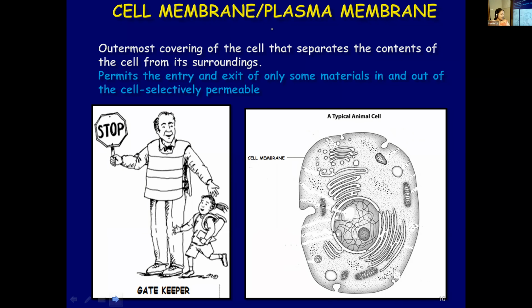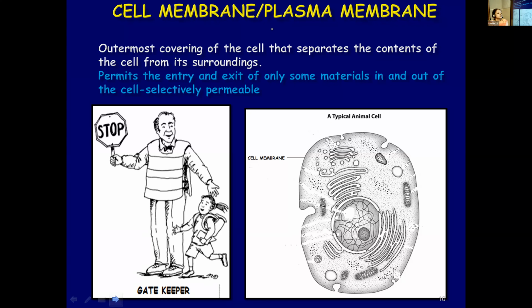I'll repeat it again. Cell membrane forms the outermost covering of the cell and it separates the contents of the cell from its surroundings. It's because of the cell membrane that we can distinguish different cells. And this membrane will allow only selected materials to move in and out of the cell.